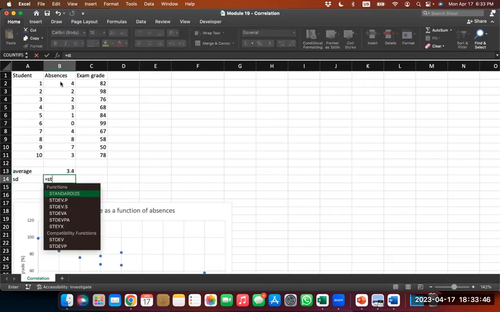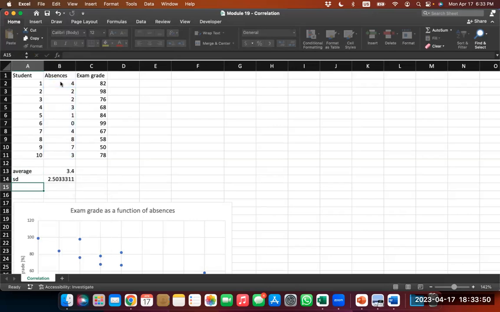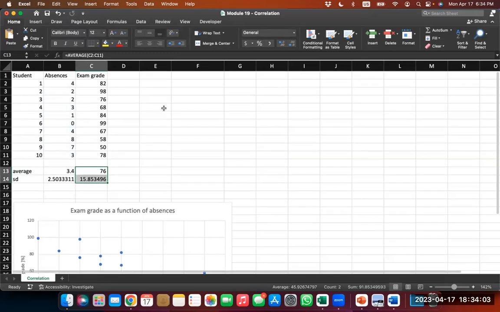We calculate the standard deviation, that's B2 to B11. Now we're quantifying the exam grade, so 76 plus minus 16. So we know now that there's quite some variability. So it will be interesting to quantify this.